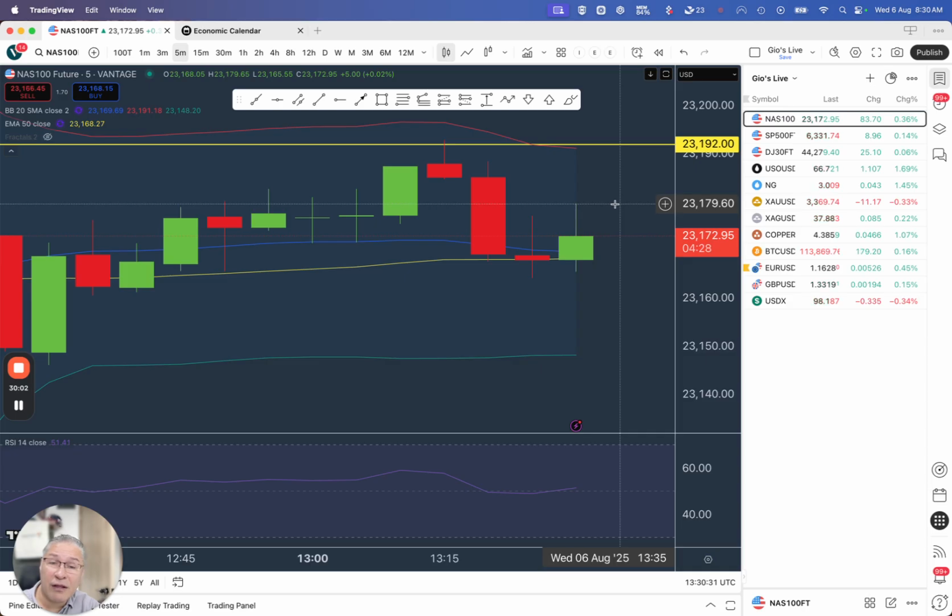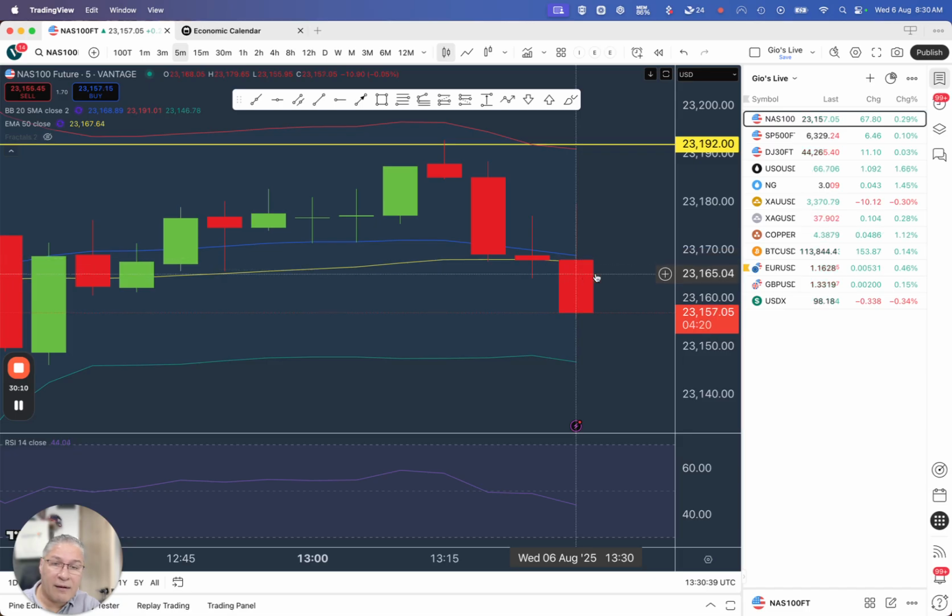But as you see, it did drop, but it's being sustained. So basically we're 50-50 across the board. The heat map is 50-50. So we're having a tug of war here. Let's see what will happen.